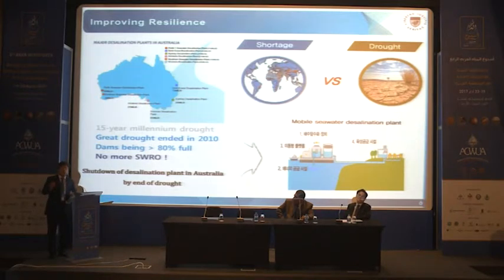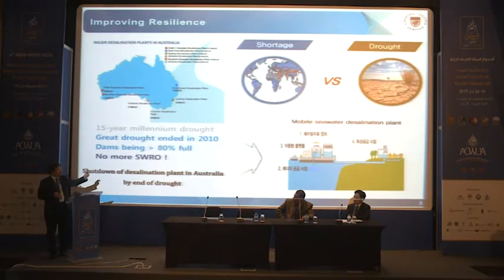However, since 2009 the drought is over, so they don't really need the SWRO plants anymore, even though they built a lot of them. That is a good example of why we need to develop a new concept of desalination plant which can respond to severe drought.